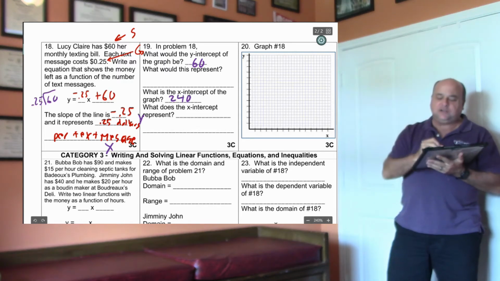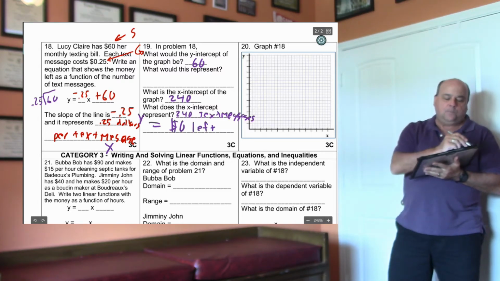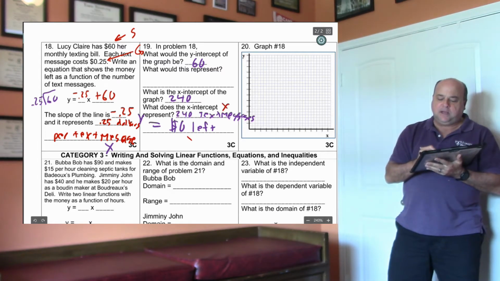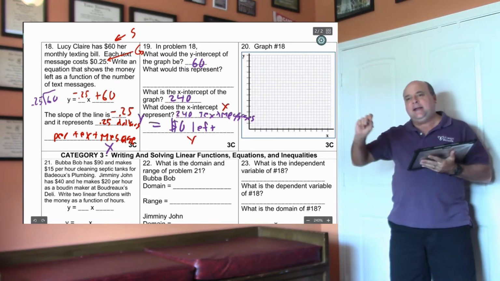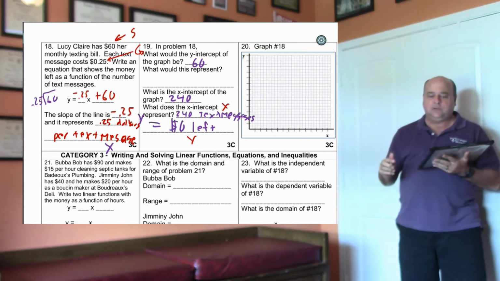The x-intercept means 240 text messages equals $0 left. So basically, it's when your x makes y run out. How many x's do you need to make y become 0? That's what a 0 is, okay?